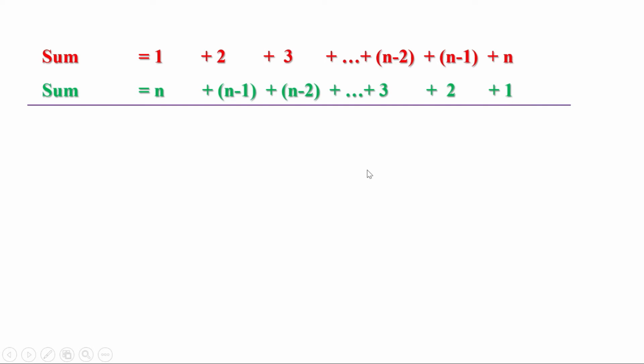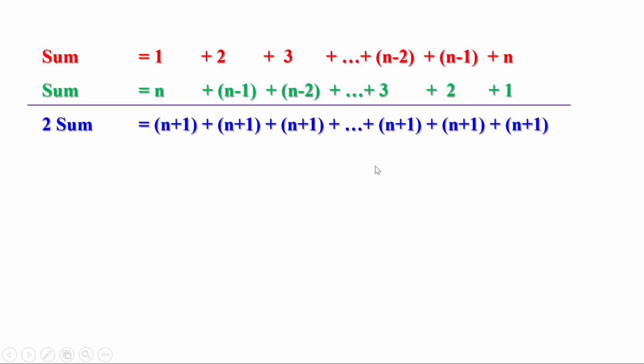So we can write it as 2 times sum is n plus 1 plus n plus 1 plus n plus 1 etc. How many n plus 1s are there? There are n terms. And corresponding to each term there is a sum. So altogether there are n n plus 1s. So 2 times sum is equal to n into n plus 1, or sum is equal to n into n plus 1 by 2.